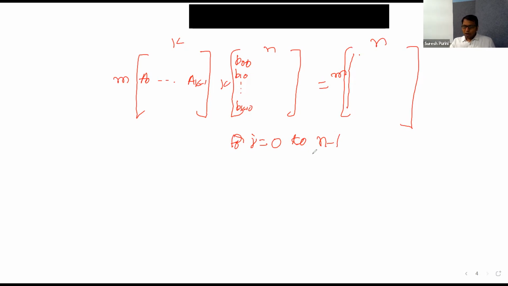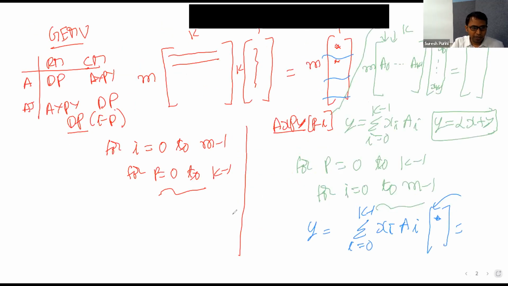Now, once we are inside, what we are doing here is a matrix-vector multiplication. When we take the matrix A and the first column, it's a matrix-vector multiplication. Similarly, when we render the second column of the product matrix, again we are doing one more matrix-vector multiplication. In this process, remember, there are two ways of doing this: one is the DP way and the other is the AXPY way.